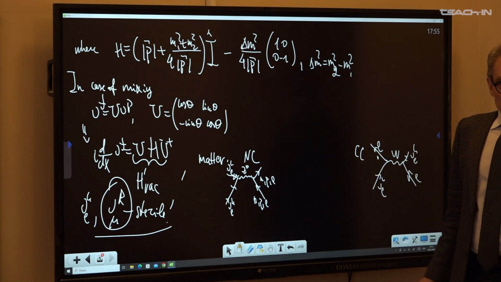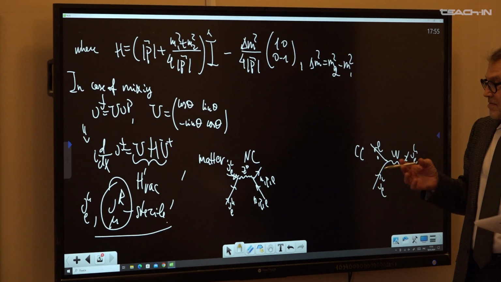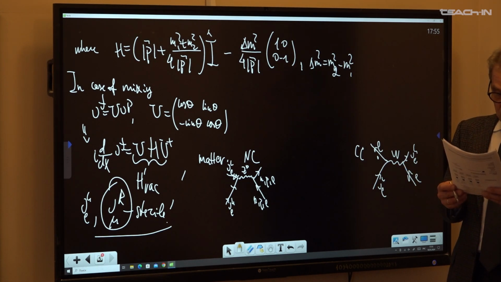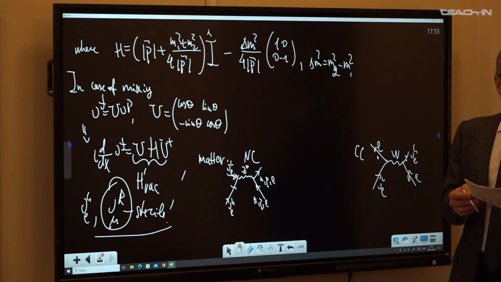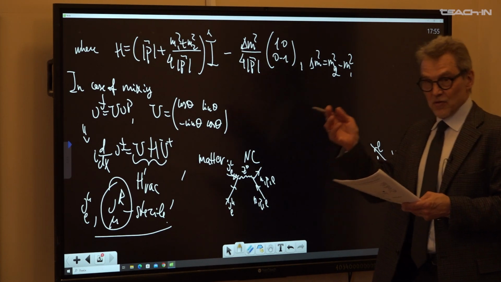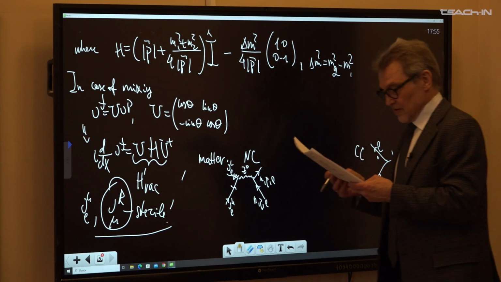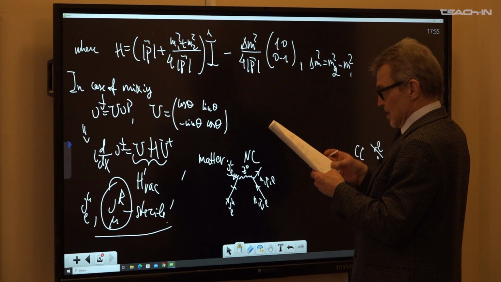But now we have to adjust the potentials. We cannot use the exact potentials that we used before for flavor neutrino mixing and oscillations.